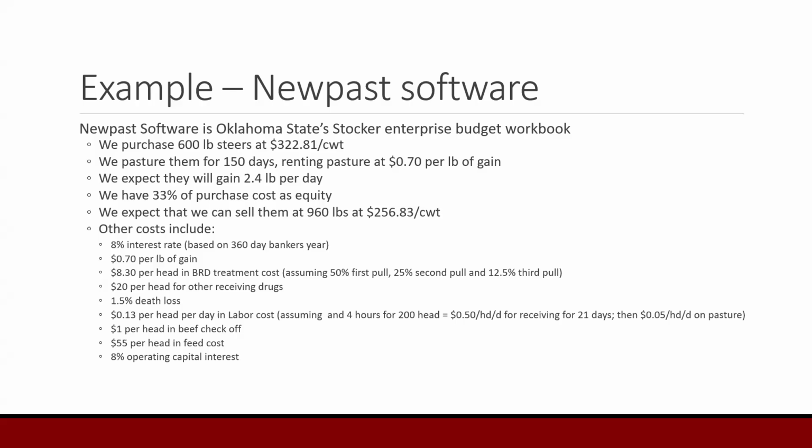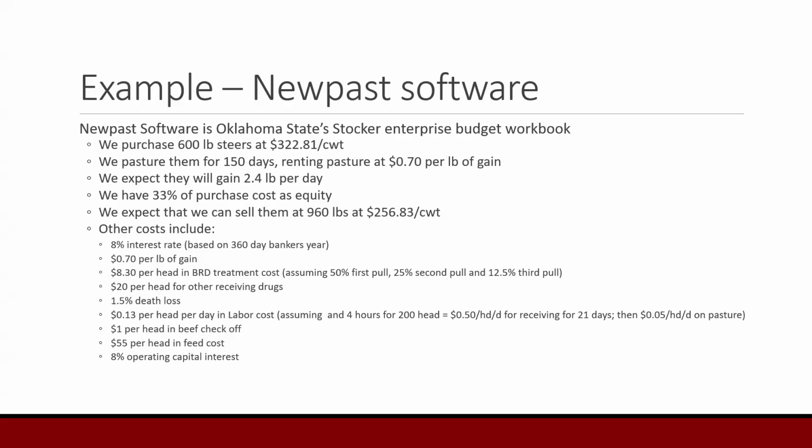Typically, they're going to price that based off so many dollars per pound of gain. You could also do head days, so many dollars per head per day. But for stocker cattle, it's more typical to do it based off average daily gain. Okay, we expect them to gain 2.4 pounds per day, not outside the realm of possibility in a wheat pasture scenario.